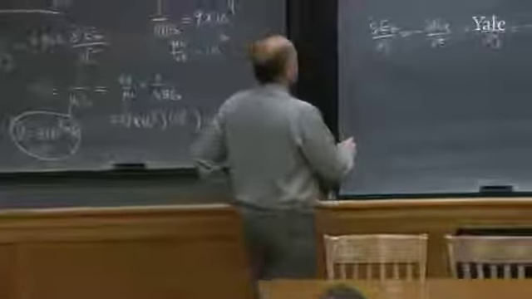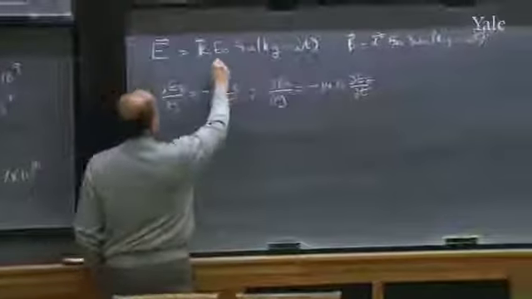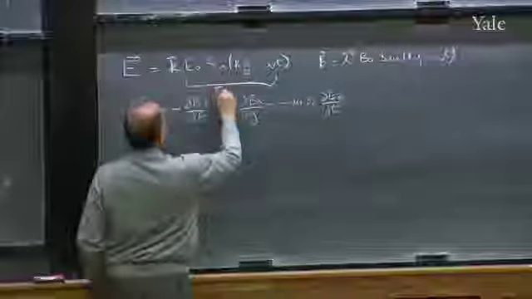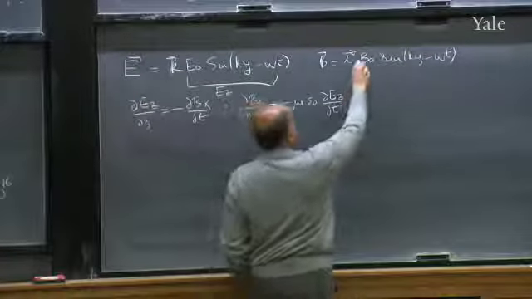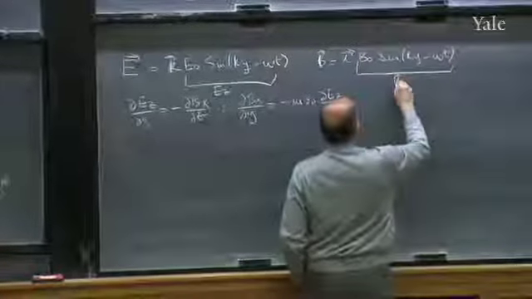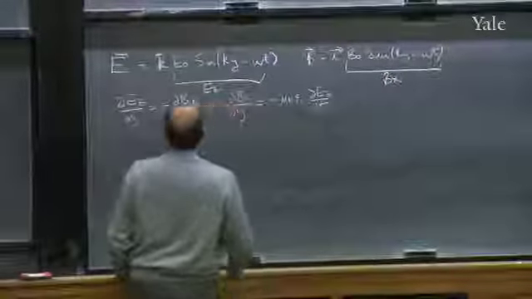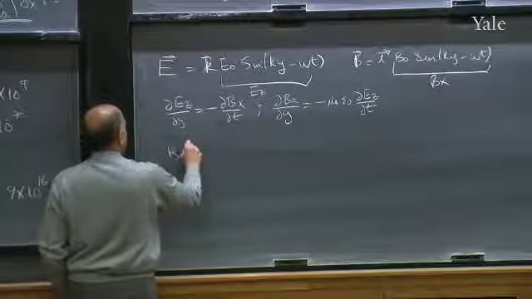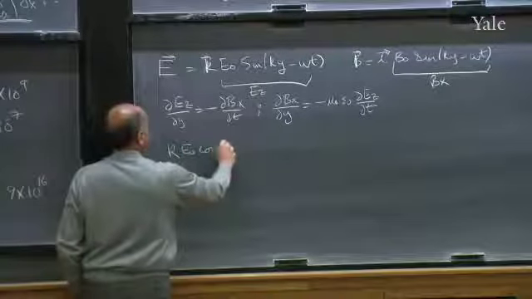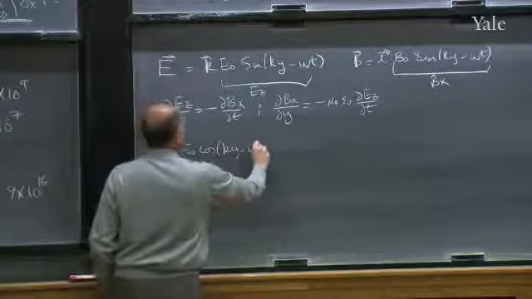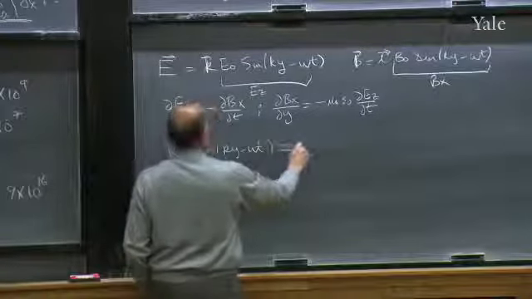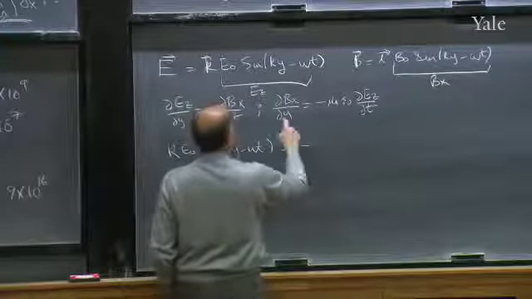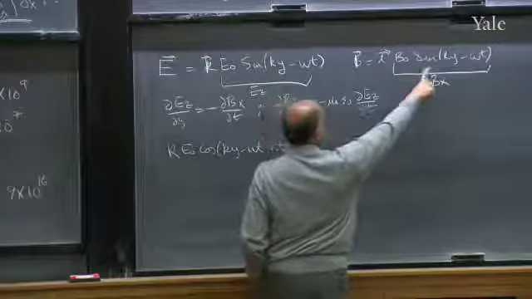So what is dEz dy? This is what I call Ez, and this is what I call Bx. If you take the d by dy of that, it will give me k E0 cosine(ky minus omega t), and we want that to be equal to minus dBx dt. So take the d by dt of this.